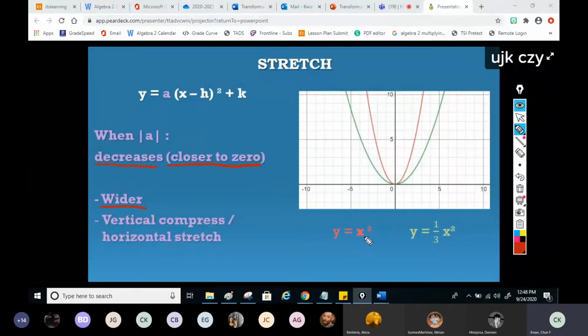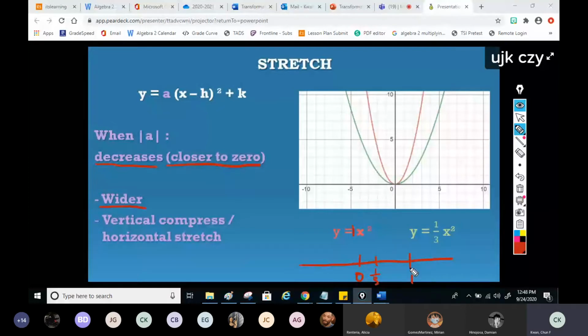So let's take a look at these two equations. The first one, y equals 1x squared. And then the second one, right here, you see a 1/3. I know some of you are not very good at looking at fractions. So on the number line, 0 is right here, and then 1 is right here. 1/3 is somewhere right here, in between 0 and 1.